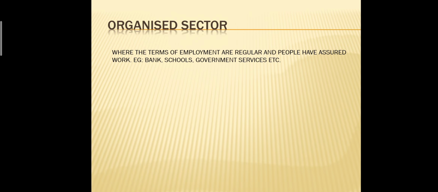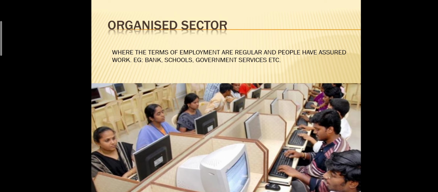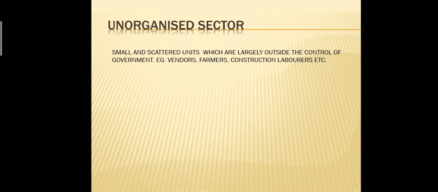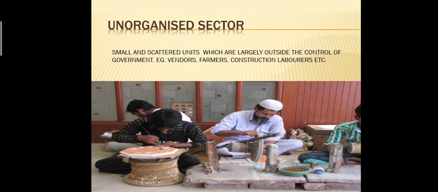For example, government services or the banks, schools, etc. Second one is unorganized. As the name suggests, small and the scattered units which are largely outside the control of government. They are actually not owned by the government or do not follow the laws. For example, the farmers, the construction workers, etc.